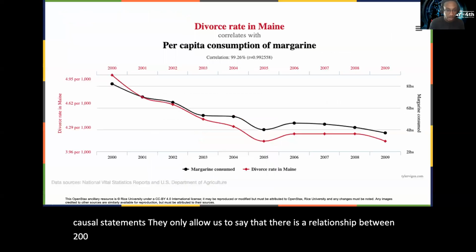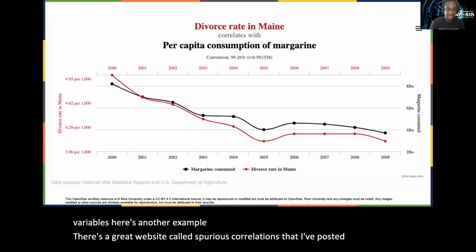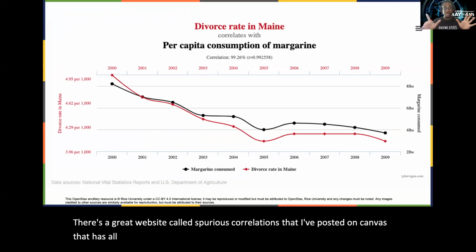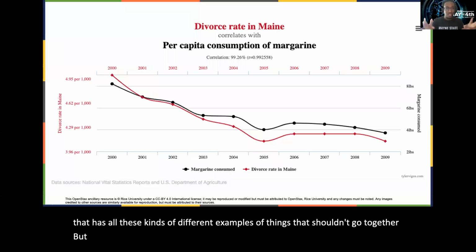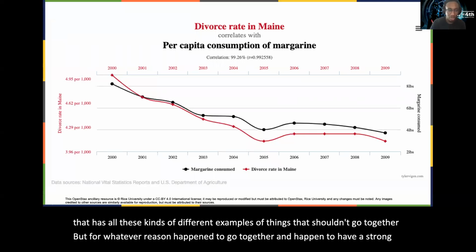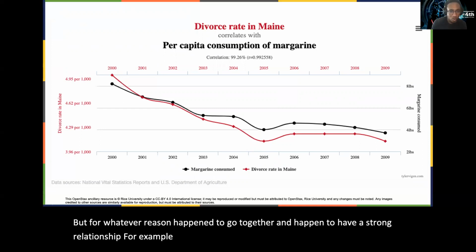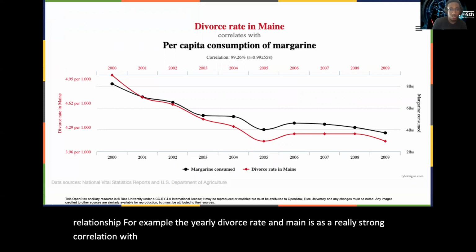Here's another example. There's a great website called Spurious Correlations that I've posted on Canvas that has all these different examples of things that shouldn't go together, but for whatever reason happen to go together and have a strong relationship. For example, the yearly divorce rate in Maine has a really, really strong correlation with the per capita consumption of margarine, also in the state of Maine.